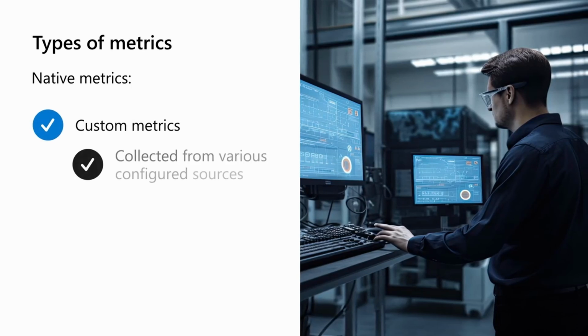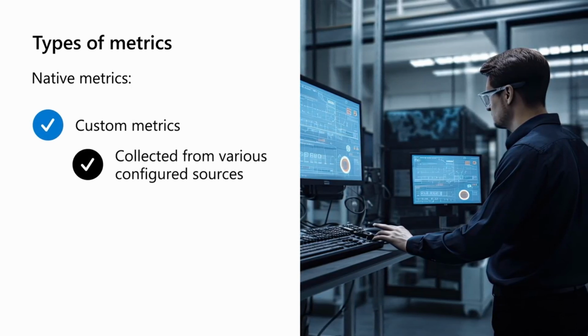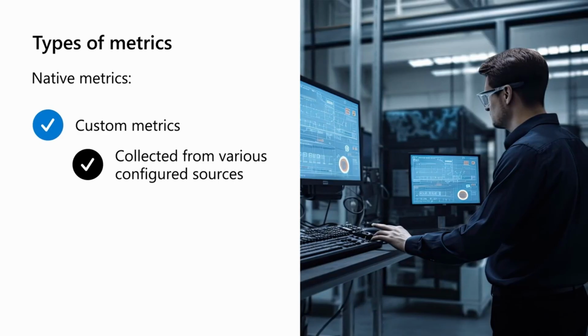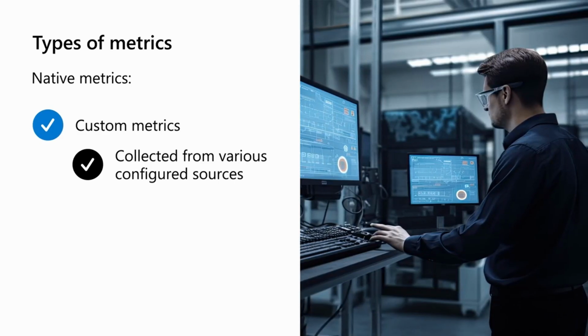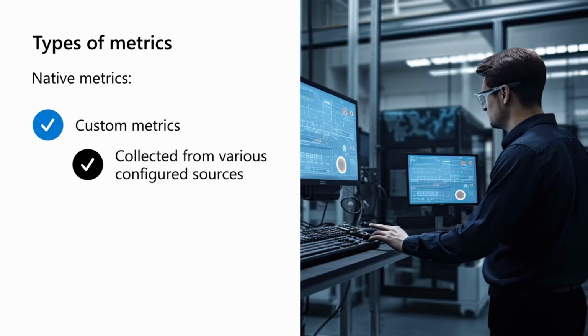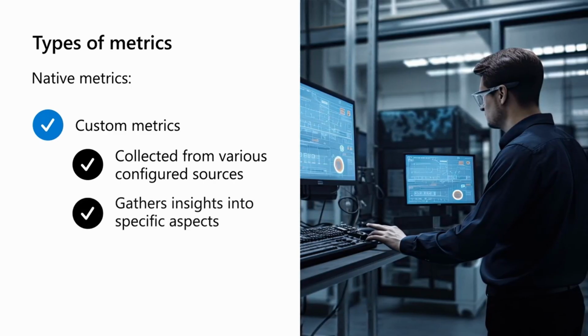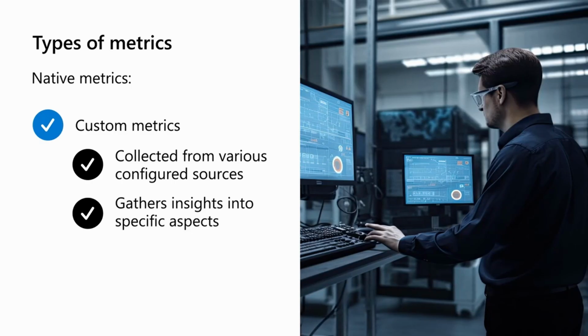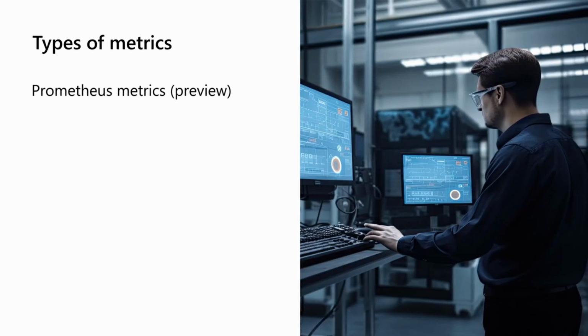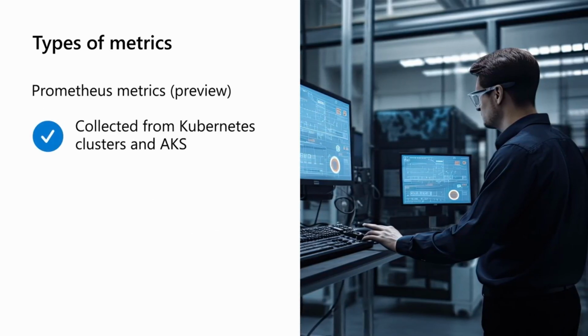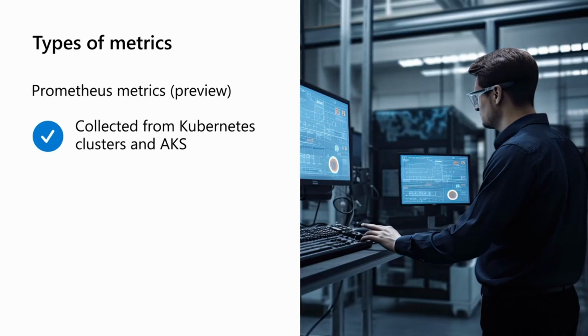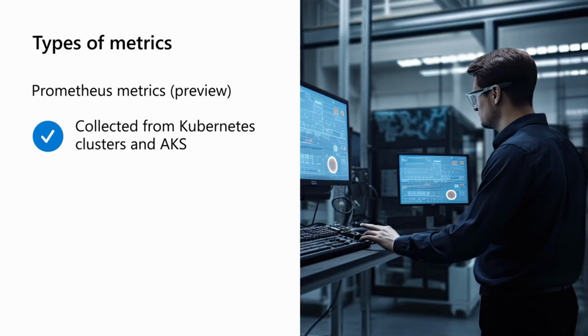Custom metrics are collected from various sources that you configure, such as applications and agents running on virtual machines or VMs. You can leverage custom metrics to go beyond the default Azure Monitor metrics and gather insights into specific aspects of your applications. Prometheus metrics, preview, are collected from Kubernetes clusters, including Azure Kubernetes Service or AKS.